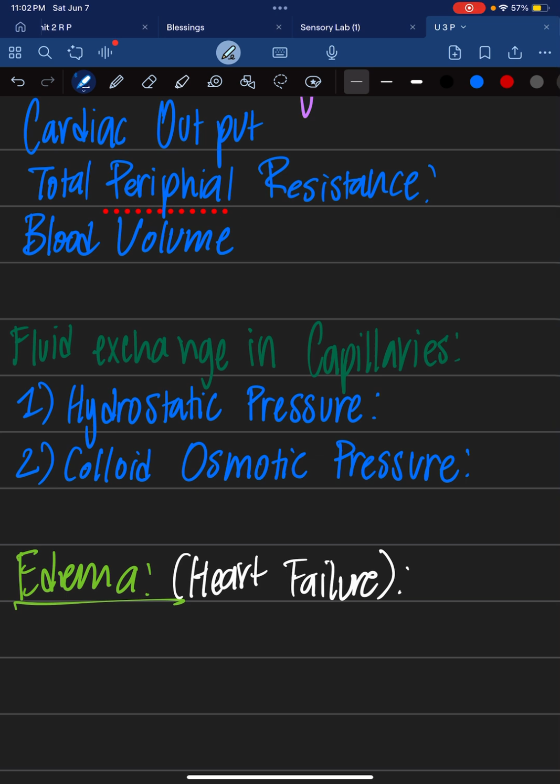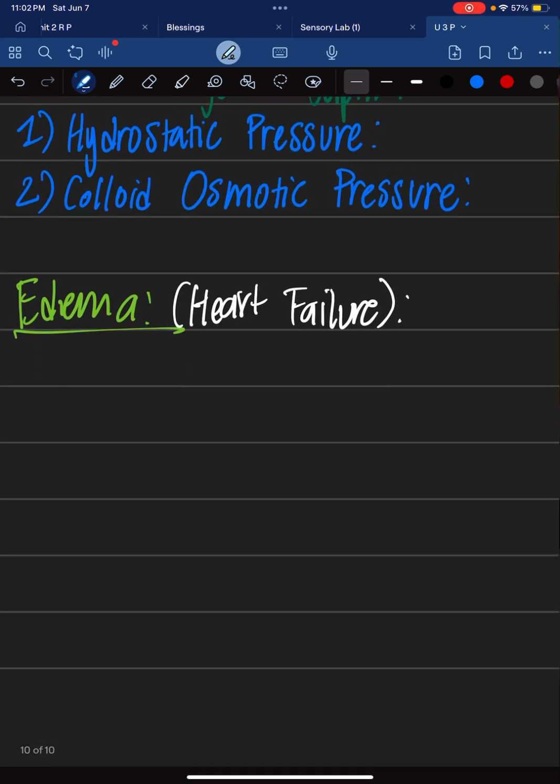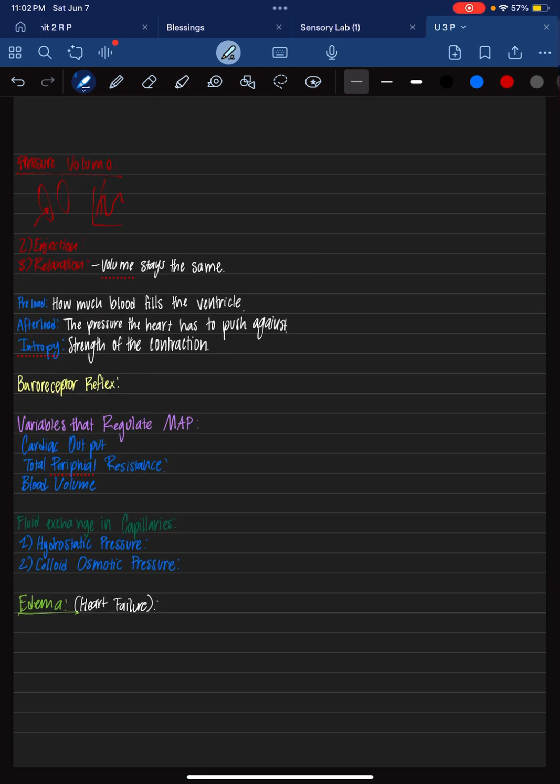In heart failure, the heart can't pump efficiently, so blood backs up in the veins, increasing hydrostatic pressure. The extra pressure pushes more fluid into the tissue, especially the legs and feet, causing swelling or edema. And so yeah, that's that.